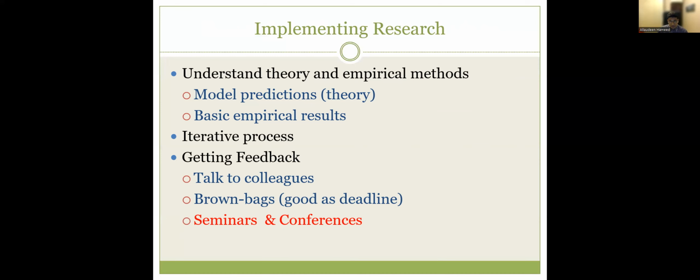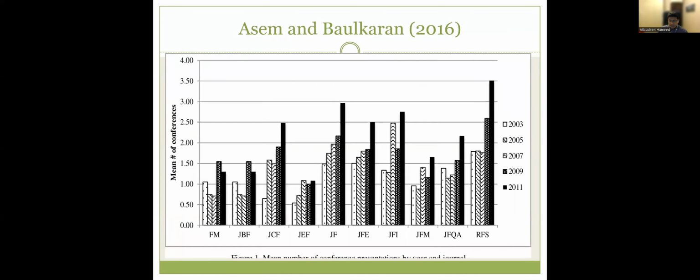So there's been some work on the topic of whether having more conferences is good or bad. There's a recent paper that looks at the mean number of conference presentations for papers published in various journals over time.